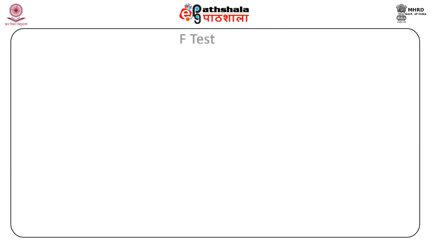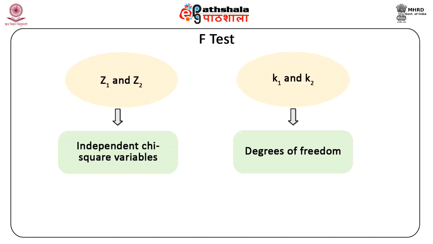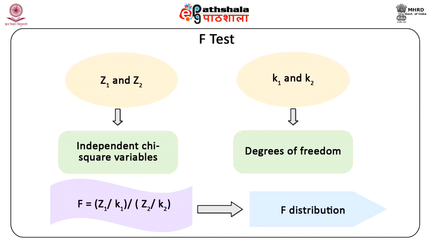Now moving on to the F distribution definition. There is an important connection between an F variable and chi-squared variables. If we take two independent chi-square variables z1 and z2 with k1 and k2 degrees of freedom respectively, the random variable F is equal to z1 upon k1 whole upon z2 upon k2, the ratio of the two chi-squared variables divided by their respective degrees of freedom, and can be shown to have an F distribution.